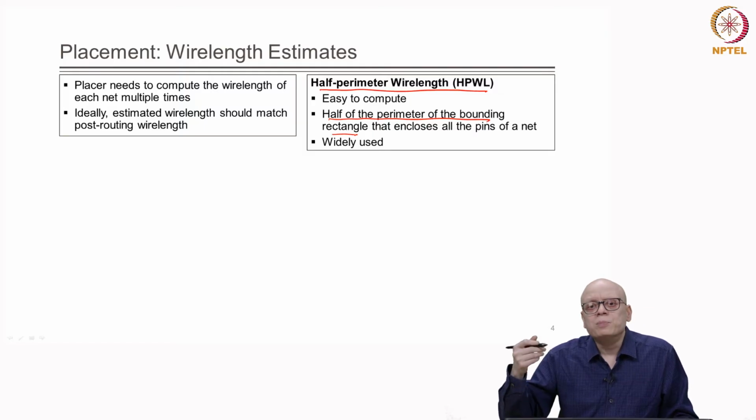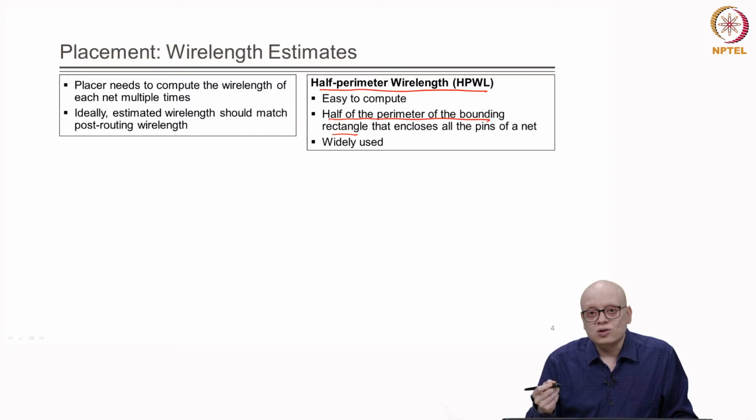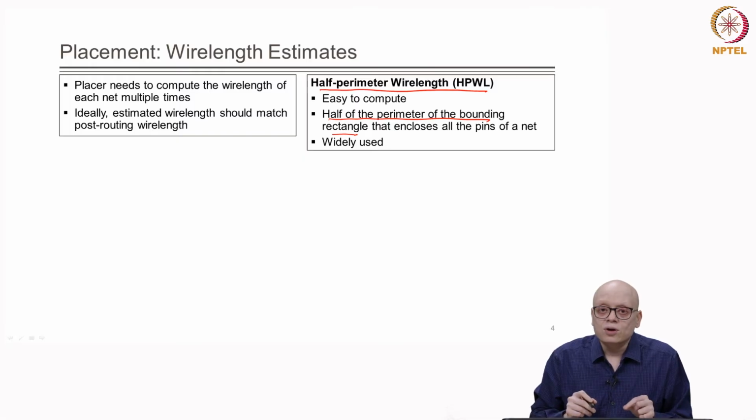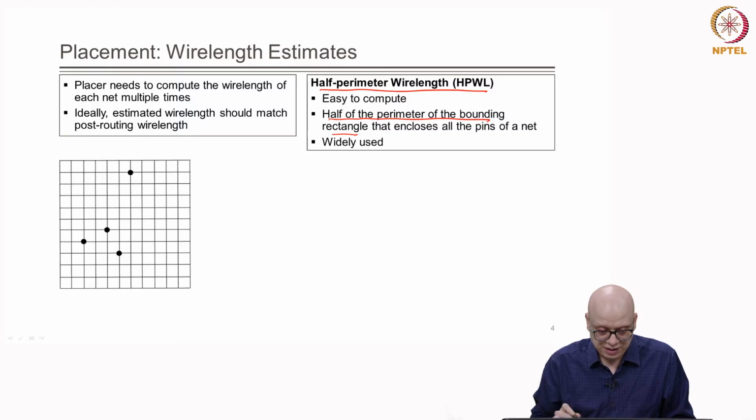For other big types of nets also, it gives a fairly good estimate of the wire length, right. Now, let us take an example and understand how the half perimeter, or it is also called semi perimeter wire length of a net, is estimated, right.